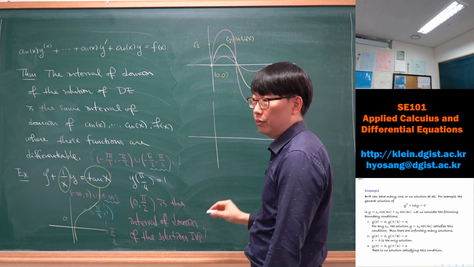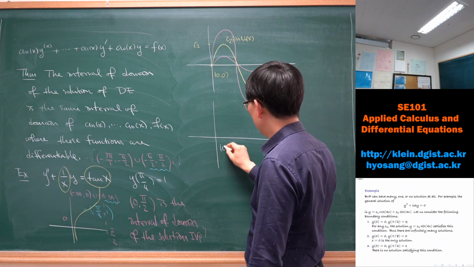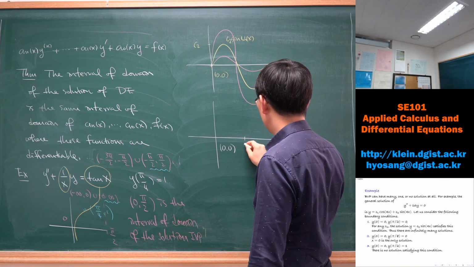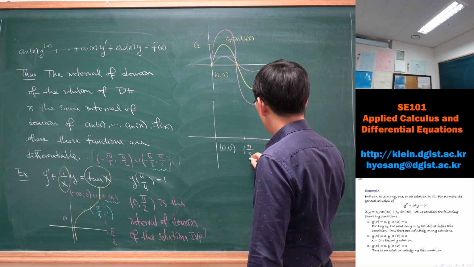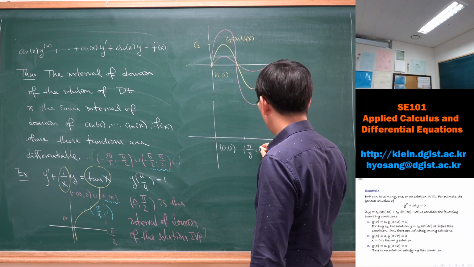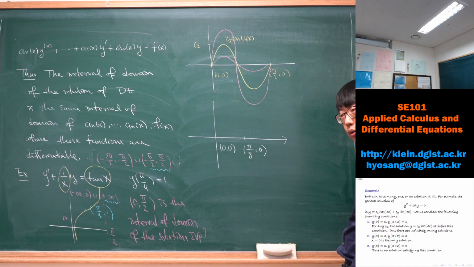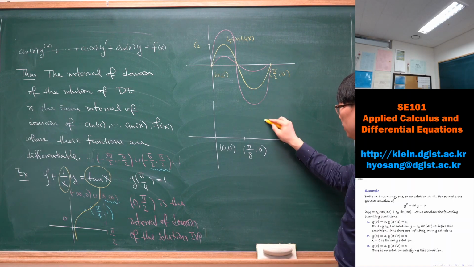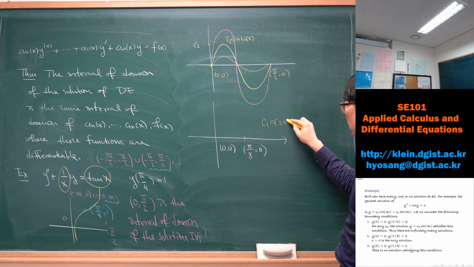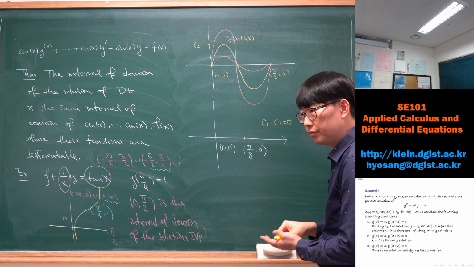However, for the second condition, we have y(0) equals 0 and y(pi over 8) is also equal to 0. There are no solutions satisfying this condition. If you plug 0 and pi over 8 into the formula and set up a system of two equations, C1 and C2 become both 0. So let's check that.